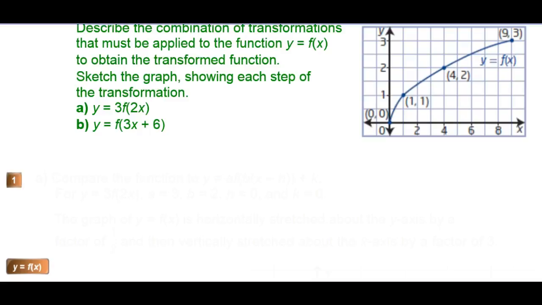So I'm just going to take all my x points and divide by 2, or multiply by half. Whatever floats your boat. Okay, so that's 0. 1 divided by 2 is a half, or 0.5. 4 divided by 2 is 2. And 9 divided by 2 is 4.5. Okay, so those are our new points.